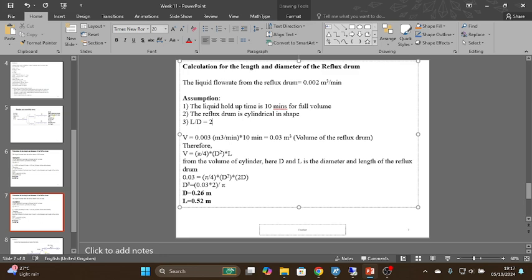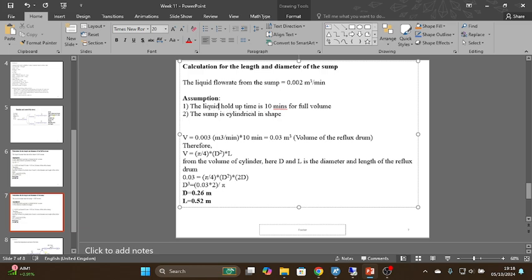So the liquid flow rate from the sump is 0.002 meter cube per minute. The liquid hold up time is 10 minutes. This relation is not needed. The sump is also cylindrical in shape.